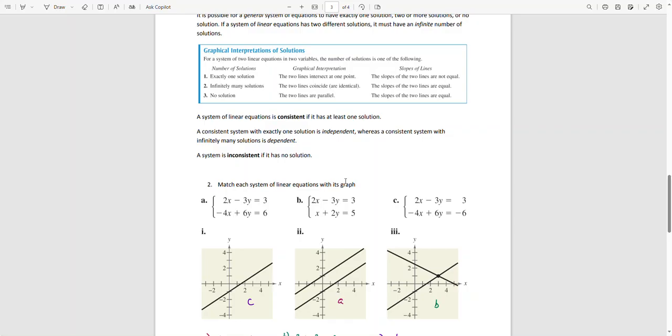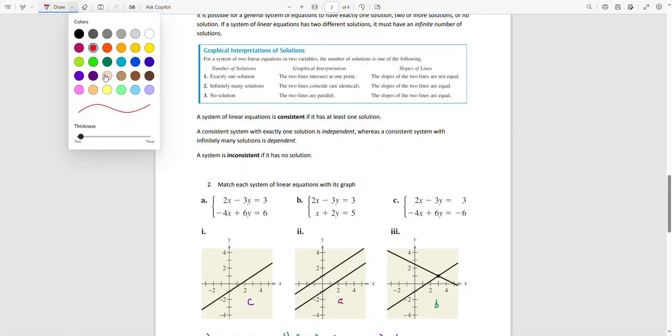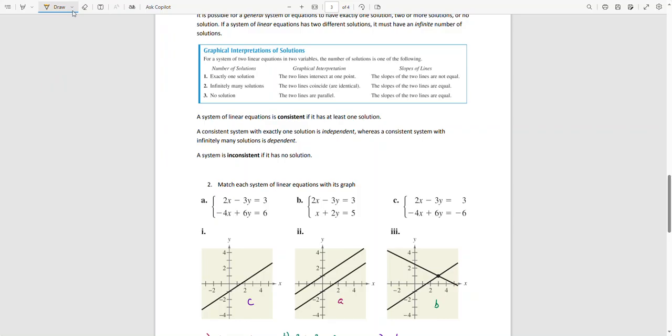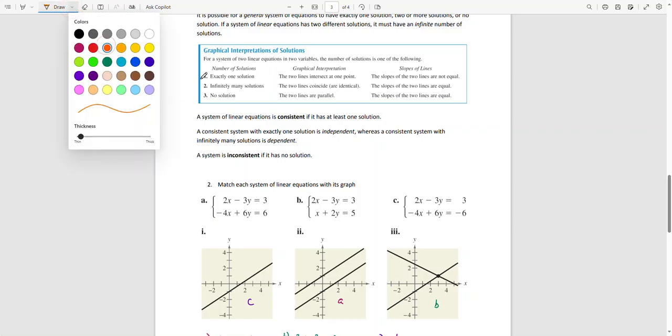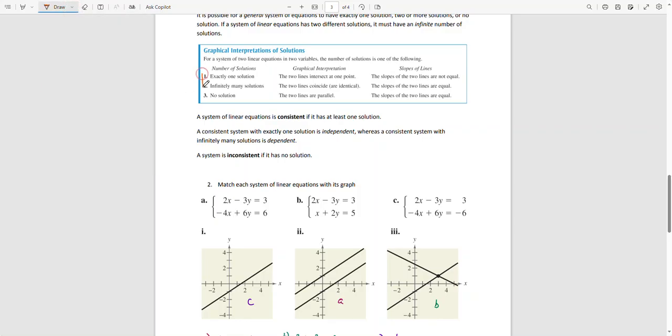Okay, some more terminology for the drop-down menu questions. A system of linear equations is consistent if it has at least one solution. These ones are consistent because they have at least one solution. If it is inconsistent, it has no solution.